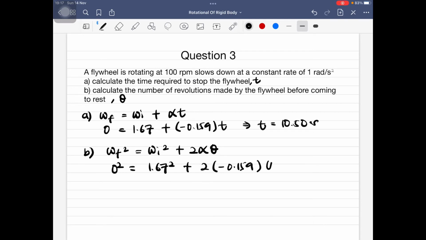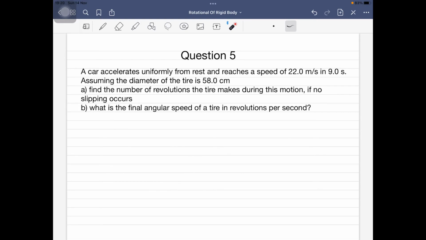So what would be theta, the number of revolution? The number of revolution is equal to 8 revolution. So that is the number of revolution made by the flywheel before coming to rest.